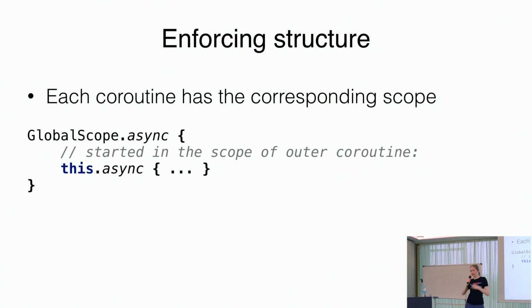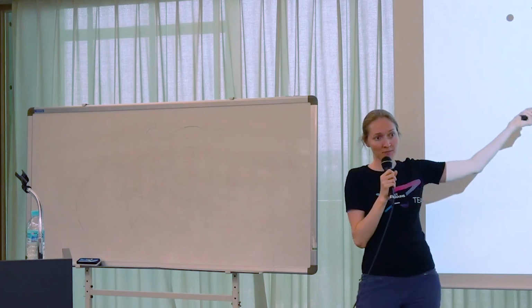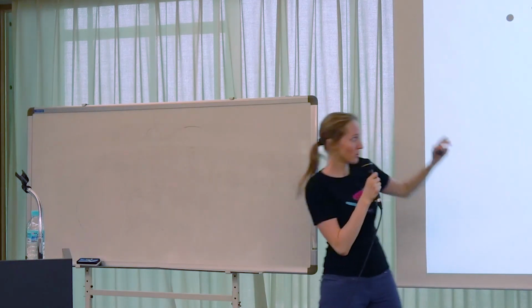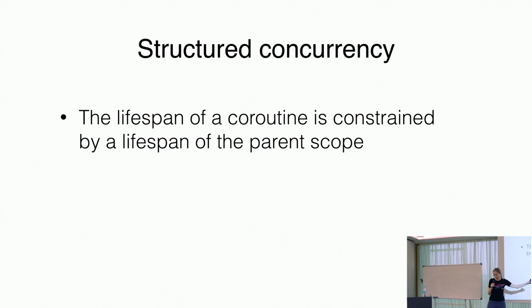A scope is the mechanism to provide the relationship between parent coroutine and child coroutine. You can regulate this relationship, and using scopes, you get all the benefits of automatic cancellation for free. So now the lifetime of a coroutine is bound to the lifetime of the parent scope.